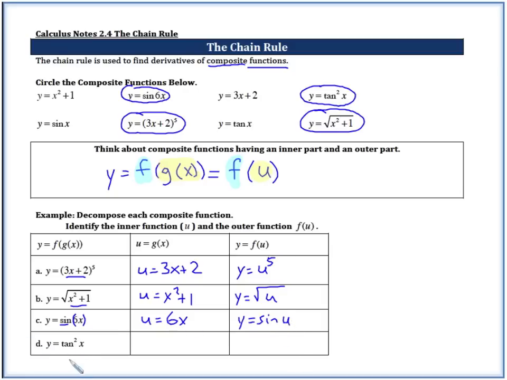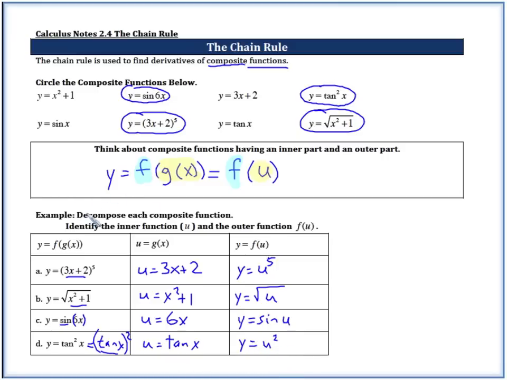Now our last one, when we see tan squared x, we want to think of this always as the tangent of x, just like this, squared. Now it might become a lot more clear that the inner function is tangent x, and the outer function is the squared. So y equals u squared.